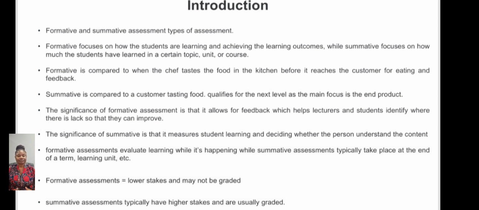In summary, formative assessment evaluates learning while it's happening, while summative assessment typically takes place at the end of a term or learning unit. Formative assessment typically has lower stakes and may not be graded, while summative assessment typically has higher stakes and is usually graded.